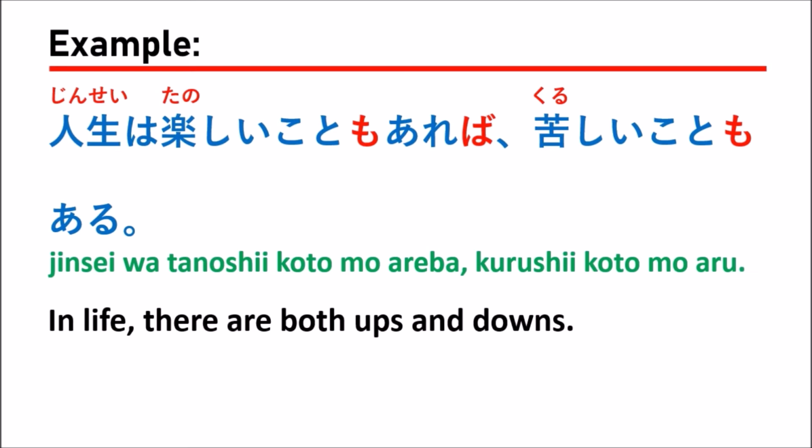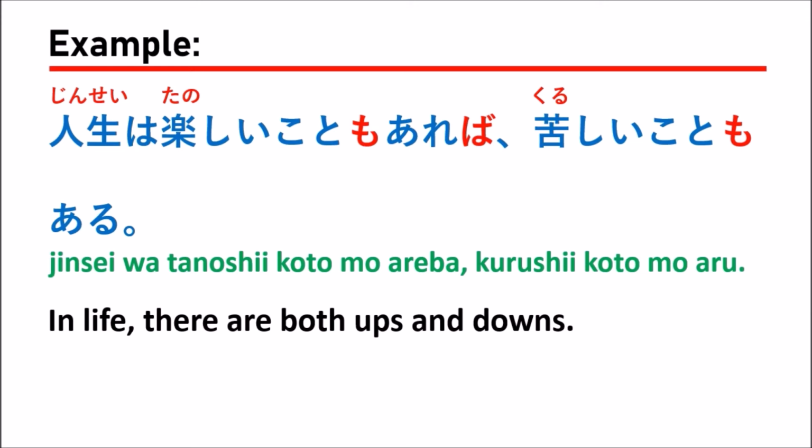Actually, when you use もなになにばなになにも, we use opposite verbs or opposite adjectives, right? In here we see that tanoshii is an i-adjective which means enjoyable, and our second one, kurushii, means hard or painful, something like this, right? So it's the opposite verb, opposite adjective we use in this sentence.